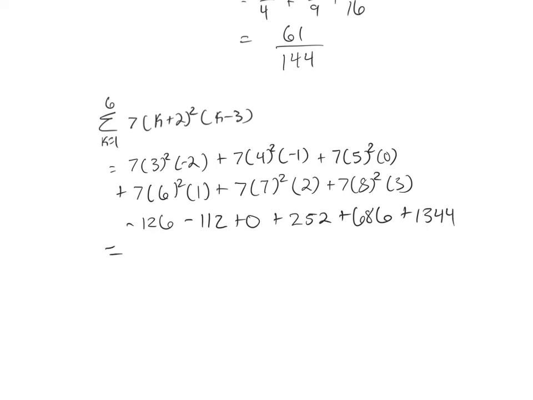Add all that together. Negative 126 minus 112 plus 252 plus 686 plus 1344, and we get 2044 for that summation starting at 1 and ending at 6.